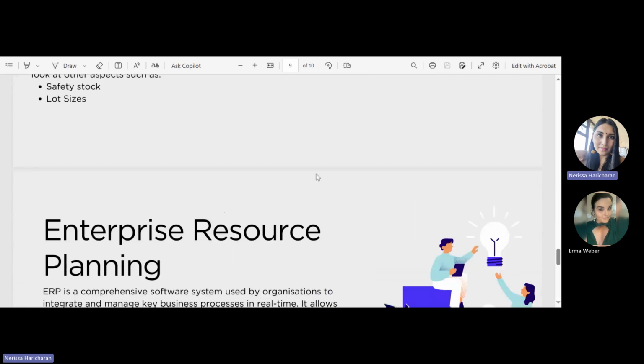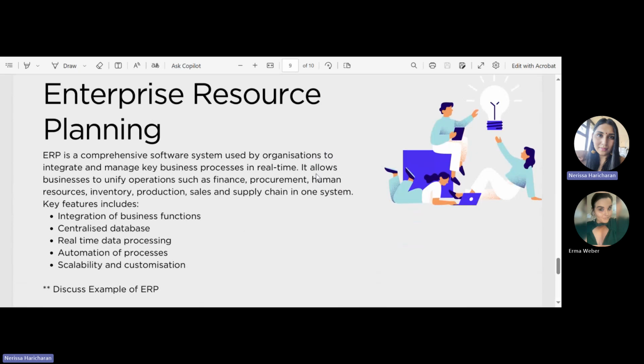Okay. And then we have our ERP. We do know that ERP functions really well when we work in conjunction with an MRP system or a sales process or a procurement system, etc. When we look at it from an ERP perspective, this is a software system that a lot of businesses use where they integrate and manage key business processes.